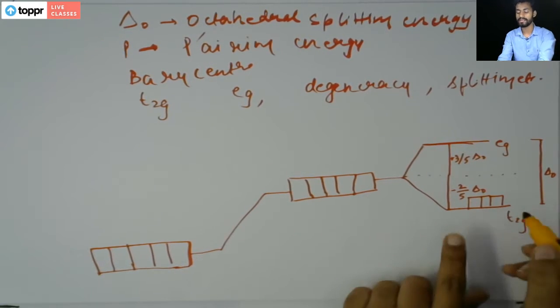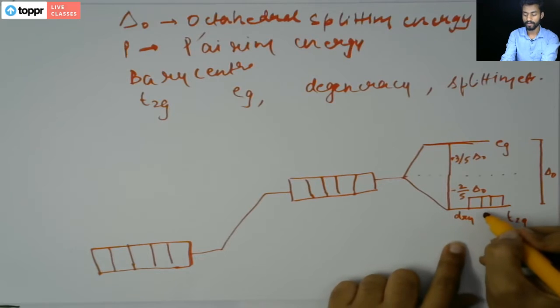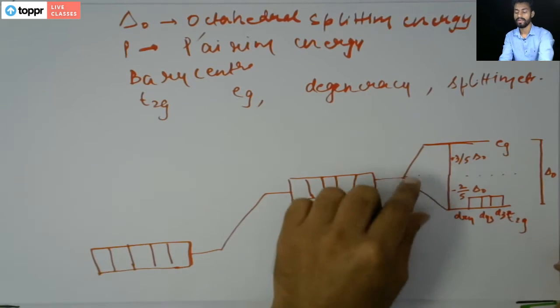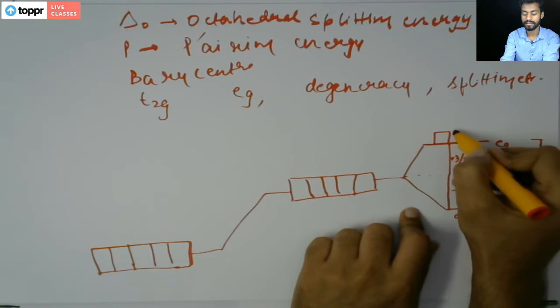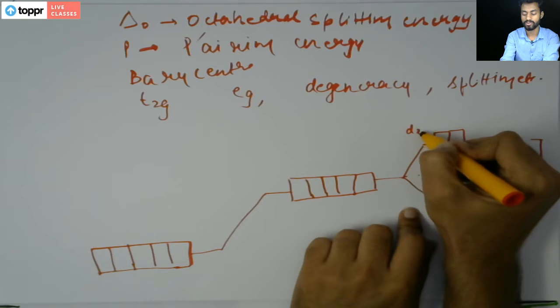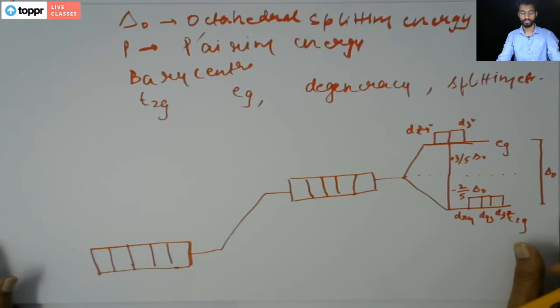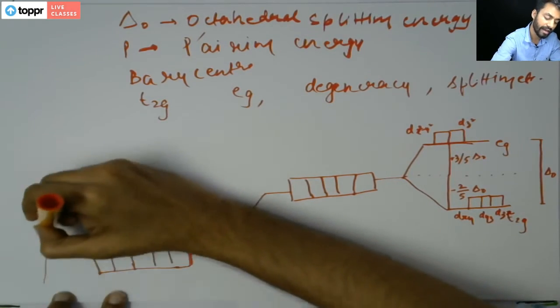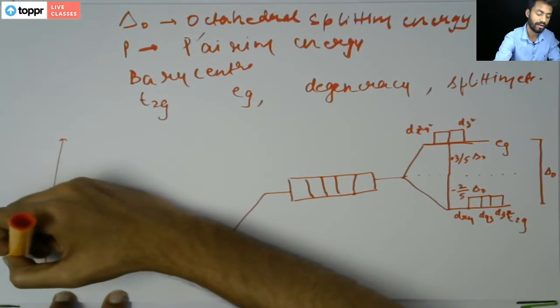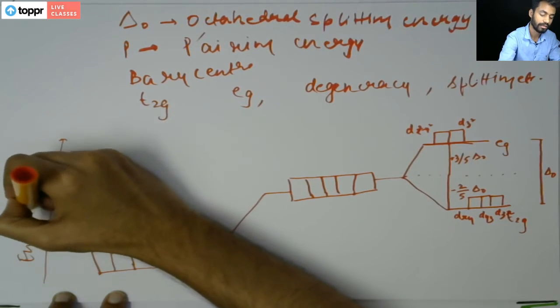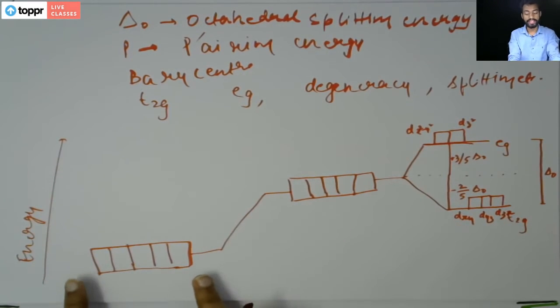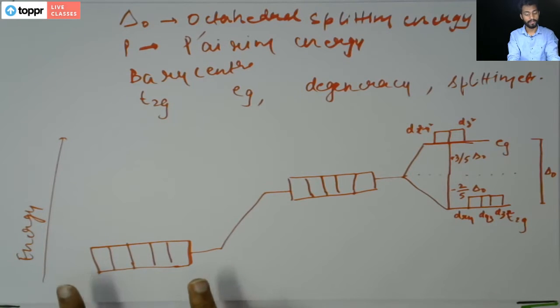This is how the splitting of orbitals will take place. There are three orbitals, dxy, dyz and dzx. Similarly, here we will have two orbitals, dx square minus y square and dz square. To make the diagram clearer, along the y-axis we will represent energy. Right now all the orbitals are degenerate, and the symmetric structure of the compound is maintained.